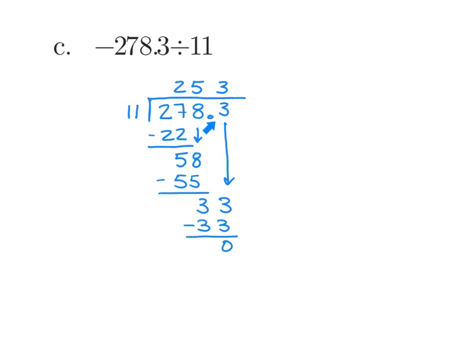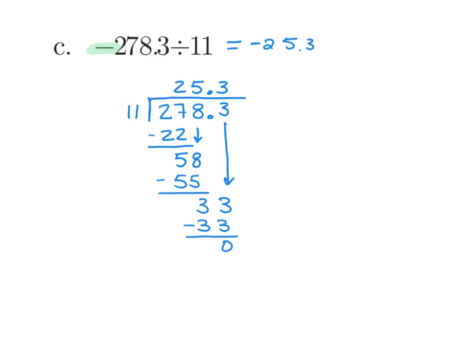We move our decimal point straight up into our answer. So we get 25.3. And the last thing we need to remember is that we did have a negative in our problem. And so my final answer is going to be 25.3, and we keep our negative.